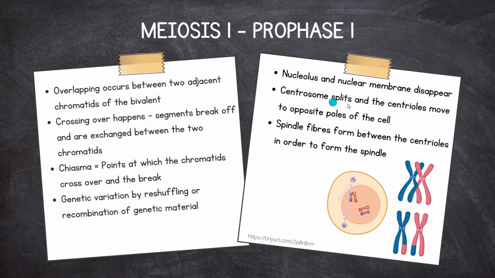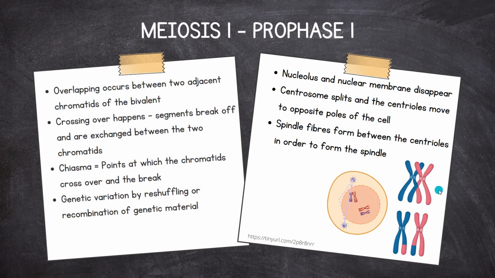Then the centrosome splits and the centrioles move to opposite poles of the cell. The spindle fibers form between the centrioles in order to form the spindle. So they form a spindle between these two centrioles.